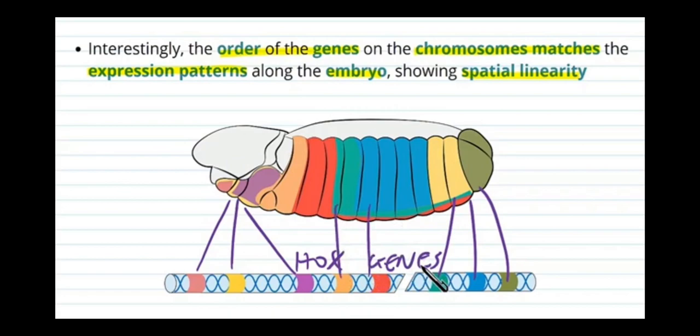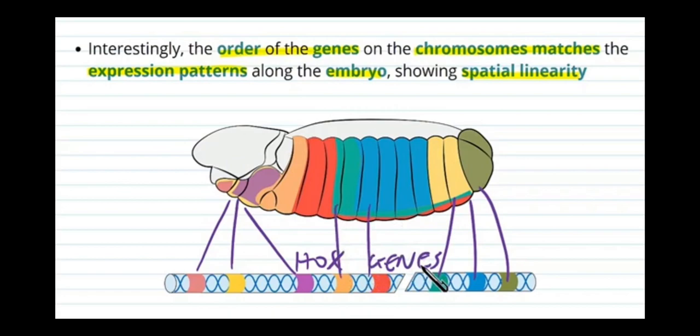The order of genes on the chromosome matches the expression pattern along the embryo. As you can see, the first Hox gene is present in the first segment of the embryo. Then the other two are also present in the anterior region. Then the two Hox genes are present in the middle region.